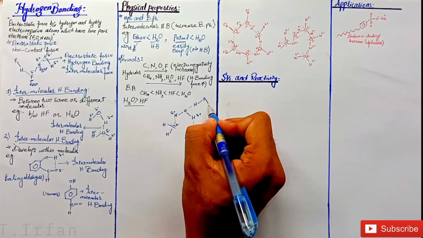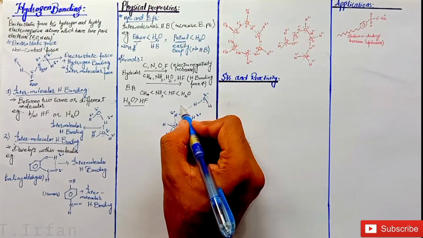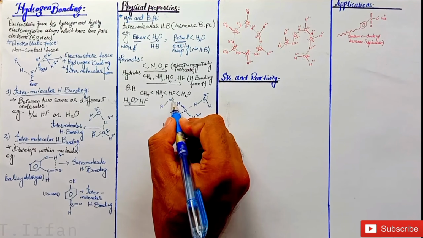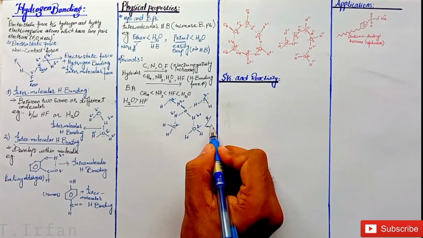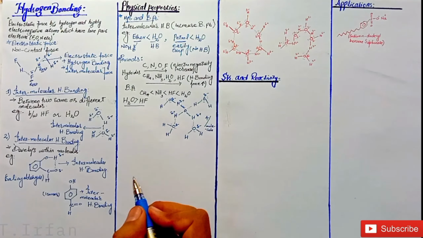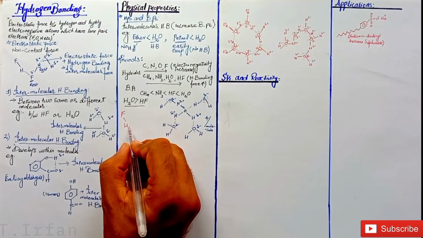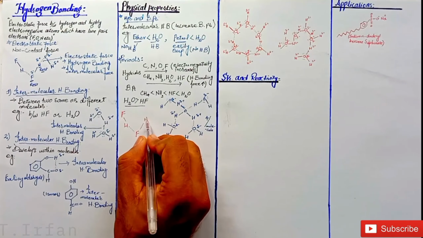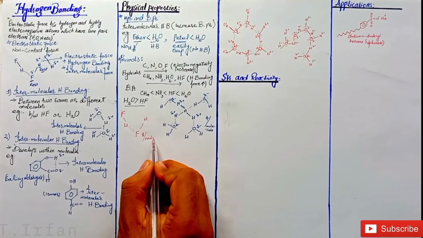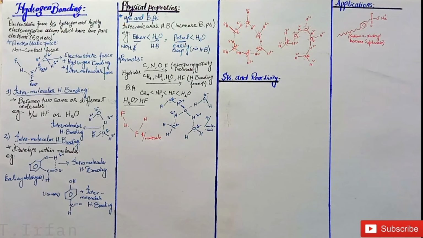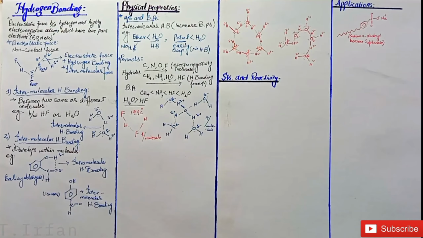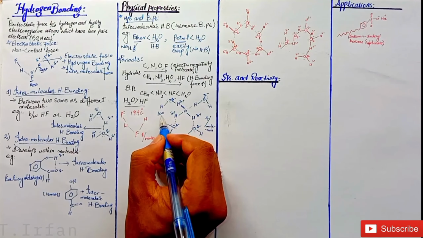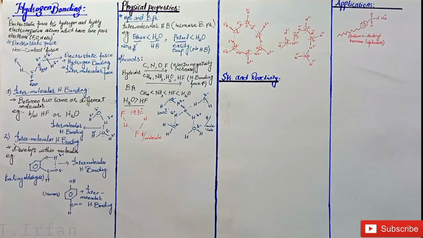This is because one molecule of water is held by four other molecules of water, or a water molecule can show 4 hydrogen bonds per molecule, and hydrofluoric acid shows 1 hydrogen bond per molecule. This is the reason hydrofluoric acid shows a boiling point of 19.9 centigrade and water shows 100 centigrade.